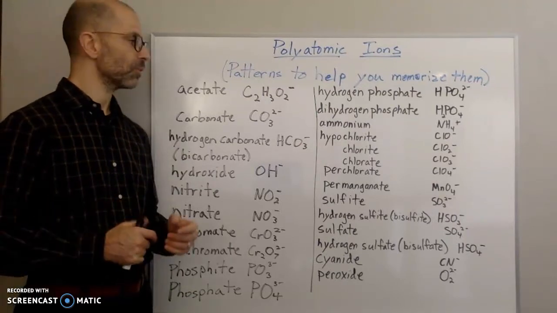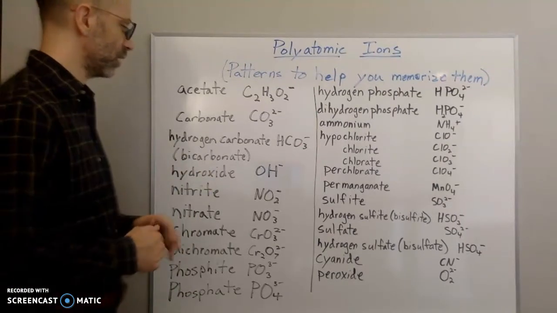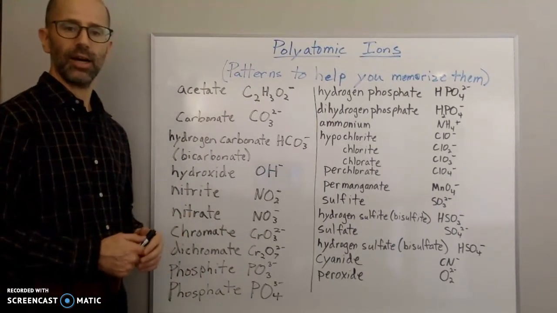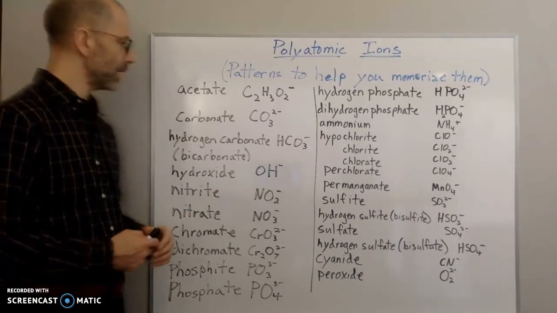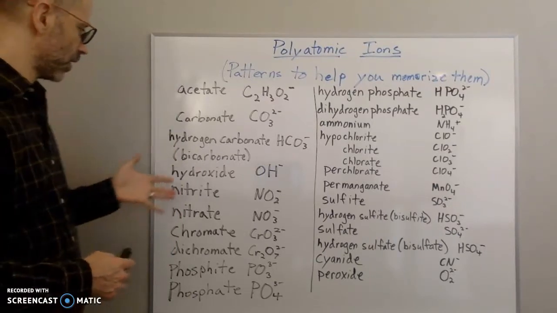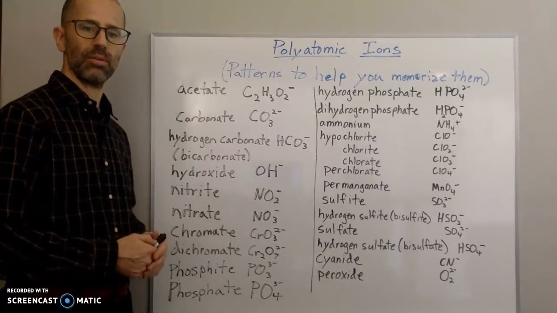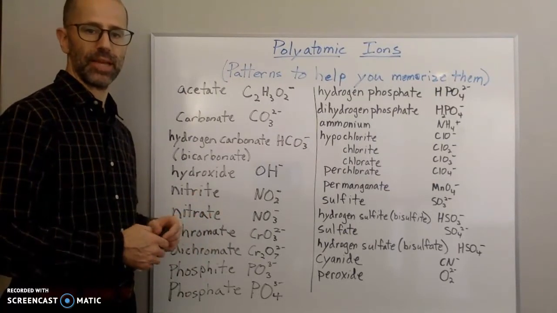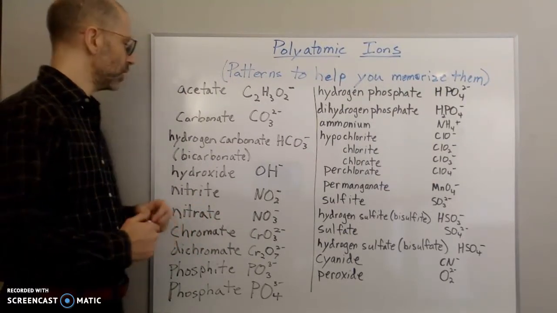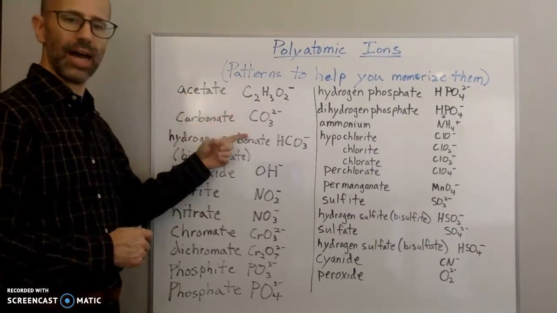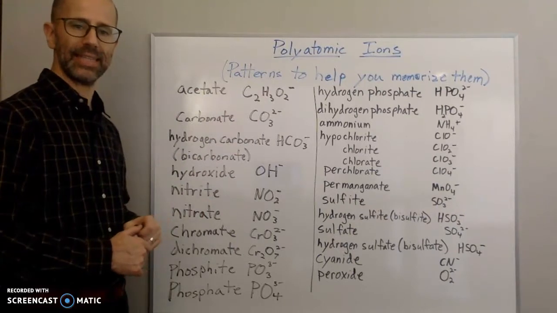Okay, so what I have here on the board is a list of many of the common polyatomic ions. And what I want to do is go over the names a little bit and show you some things about the names that should stand out to you. One of the things you'll notice is that a lot of them end in ATE.